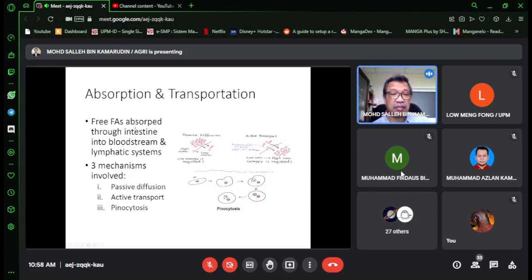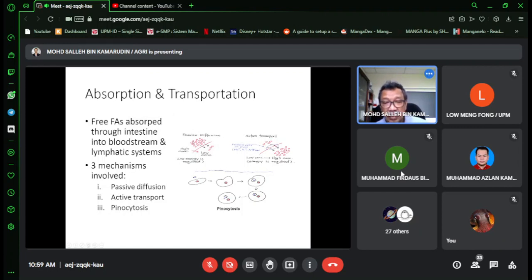Then the free fatty acid, what happens is that once they are digested and broken into free fatty acid, they are absorbed through the intestine into the bloodstream, and also later into the lymphatic system. And the three mechanisms that are involved, ini pun biasa saya tanya, in the absorption of free fatty acid. Ada tiga. Ada passive diffusion.